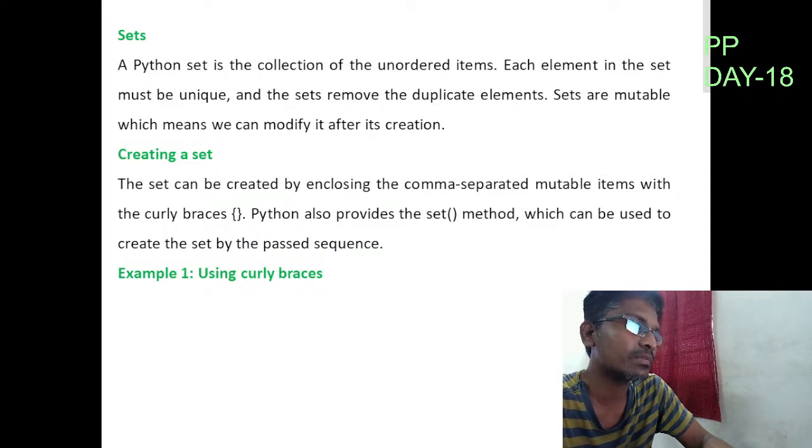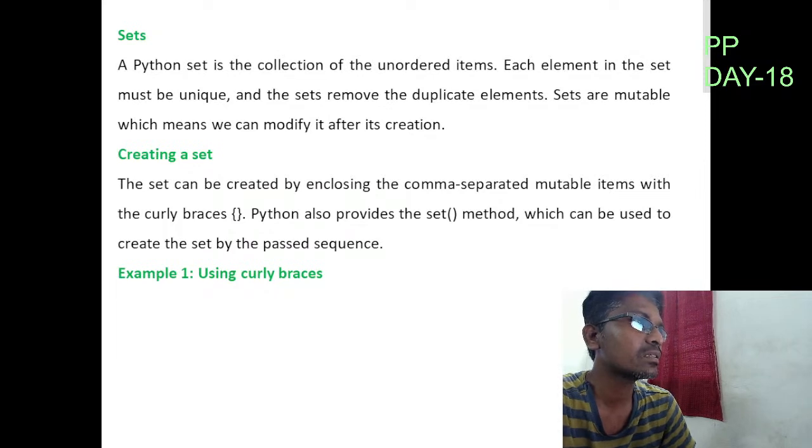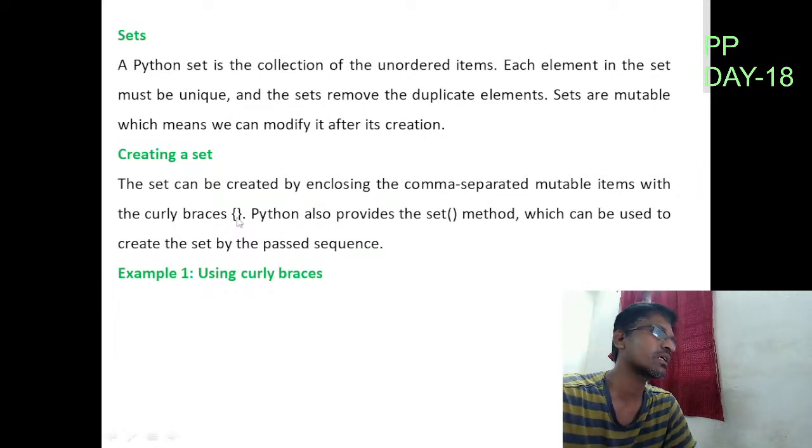And what about sequential data types? The sequential data types are strings, tuples, and list. So now sets come under mutable data types. What are mutable data types?